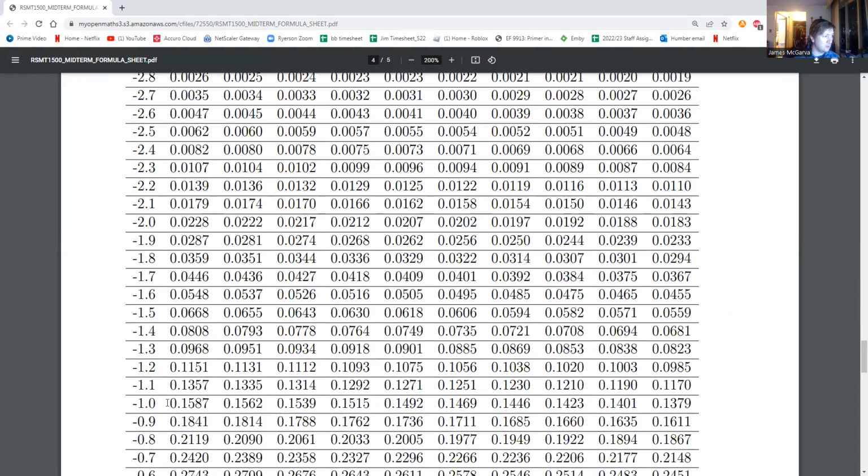Negative 1.0, the very first column, this gets me this number, 0.1587. That's my answer. 0.1587, I just needed to know where to look on the table. Again, if it's fast, you can rewind, just see how I looked that up. Right, column 0.00, row negative 1.0. And we get 0.1587.